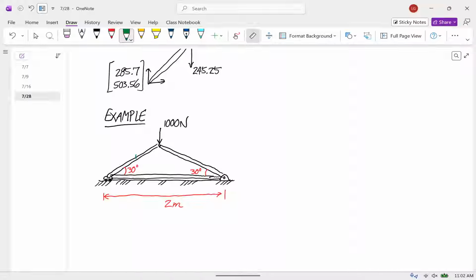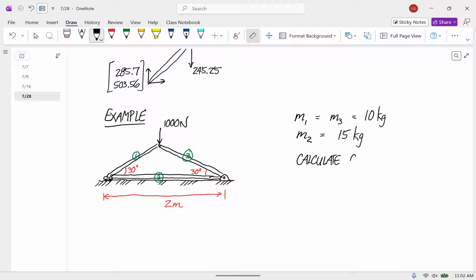And I'm going to number these 1, 2, 3. And we're going to say mass of 1 and mass of 3 are both 10 kilograms. And mass of 2 is 15 kilograms. And we want to calculate the external loads on each member.